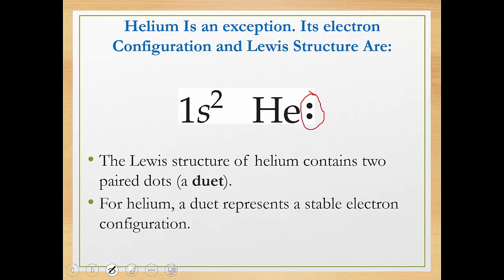That 1s is the only available place for them. So rather than drawing helium with a dot on one side and a dot on the other, okay, we are going to put them together. That's the only case where you go ahead and pair them up because that's the only place they can go.